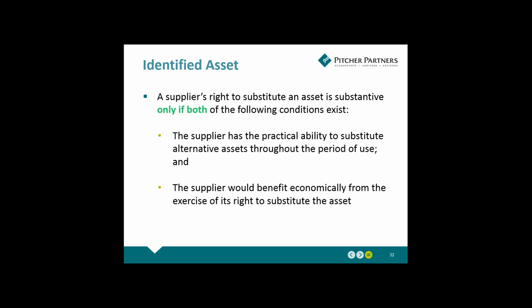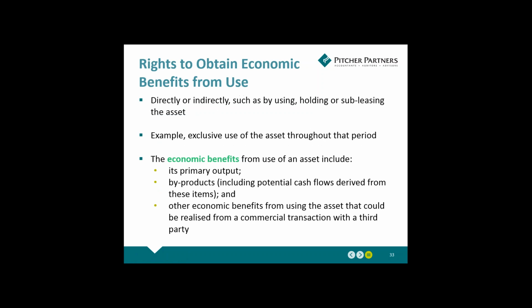And the supplier would benefit economically from the exercise of its right to substitute the asset. So both things have to be in place. A practical ability and an economic benefit for the supplier. And if those things are in place, we cannot have a lease.